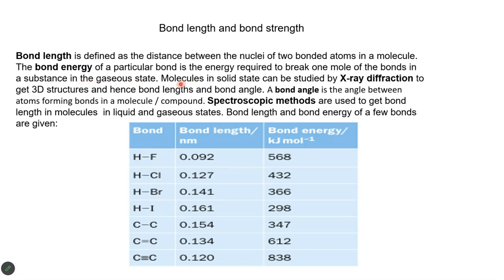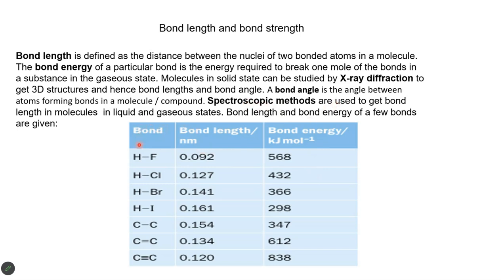These molecules in solid state can be studied by X-ray diffraction to get the three-dimensional structure. And from there, we can get the bond lengths and bond angles. A bond angle is the angle between atoms forming bonds in a molecule or compound. We also can get bond lengths by spectroscopic studies.